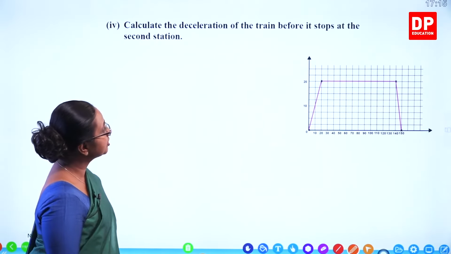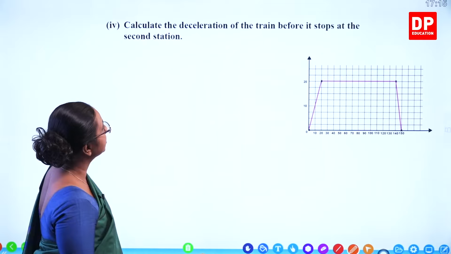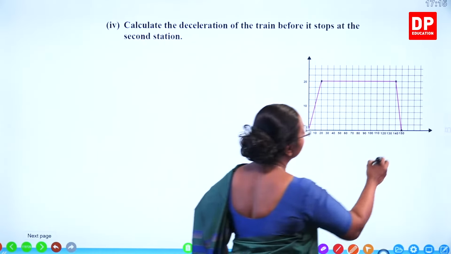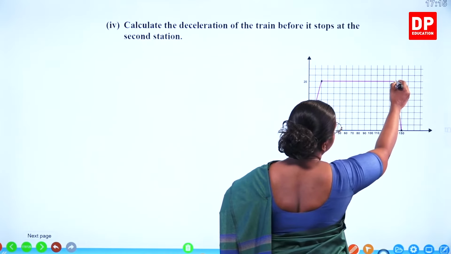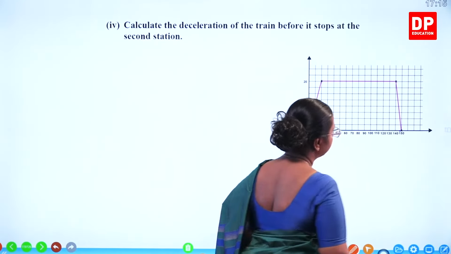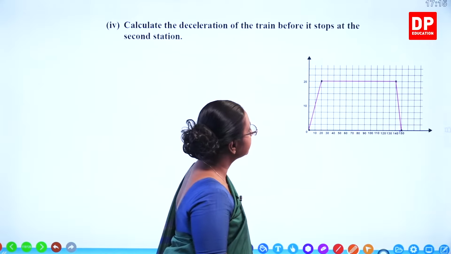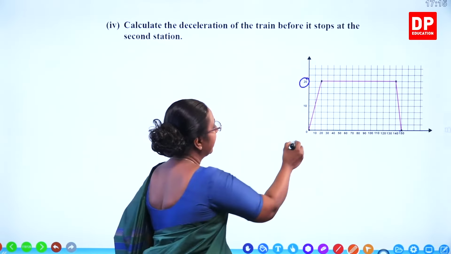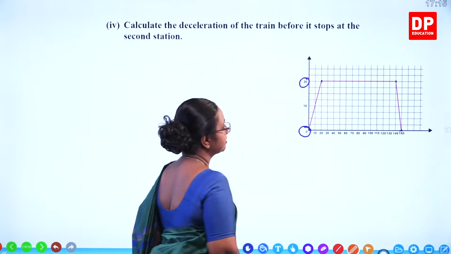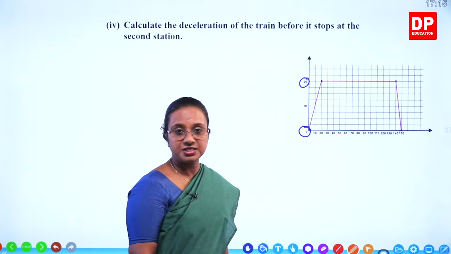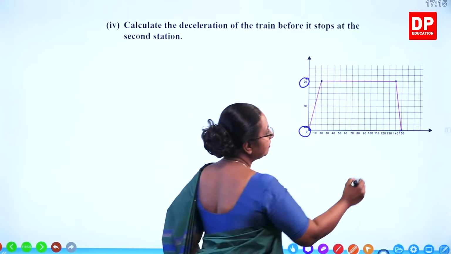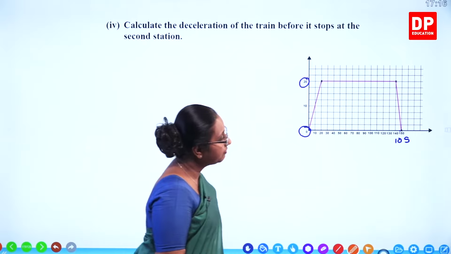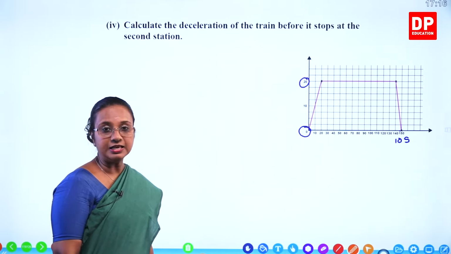Calculate the deceleration of the train before it stops at the second station. So, to calculate the deceleration, again we have this part of the graph where it starts at a velocity of 20 meters per second and finally reaches rest, that is velocity 0, and the time taken is 10 seconds. 140 to 150 seconds.